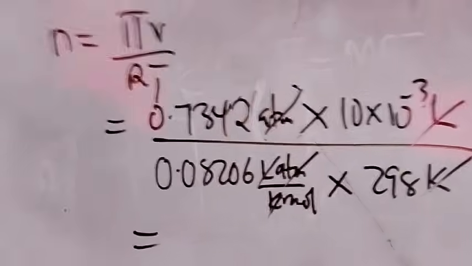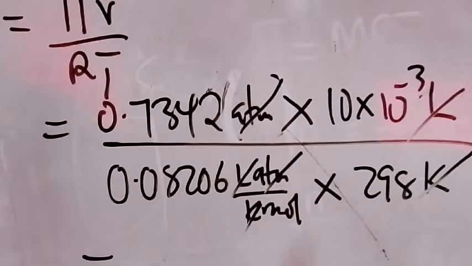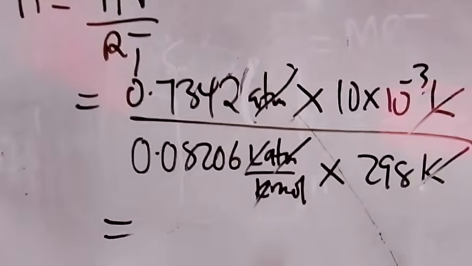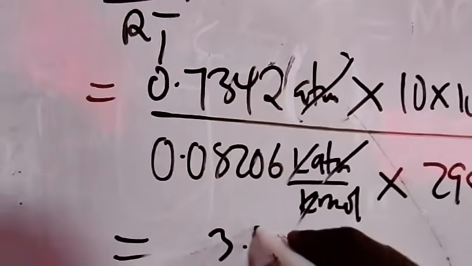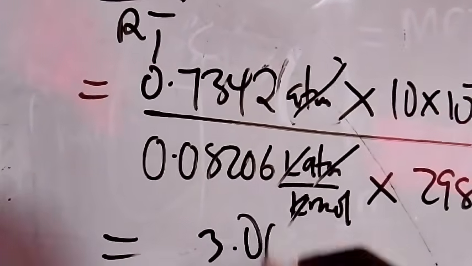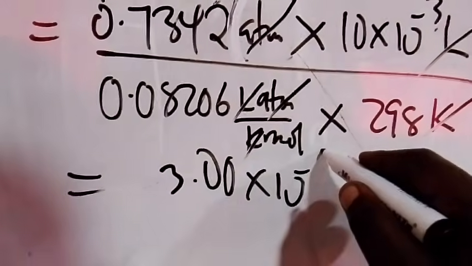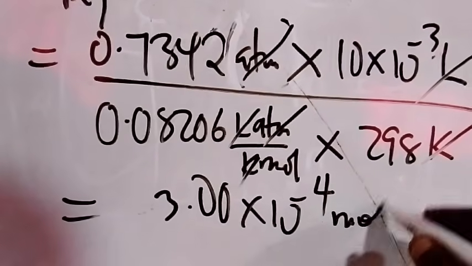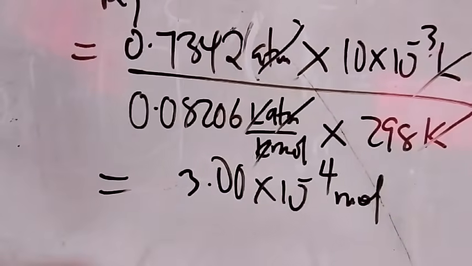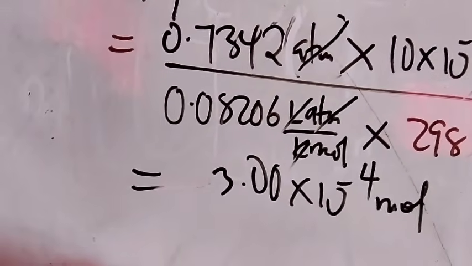Multiplying and dividing, we find 3.00 times 10 to the power negative 4 moles.